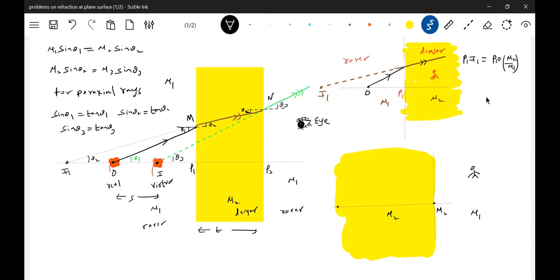I1 is here. The rays are coming as if from I1. So after refraction, and this is the boundary. I'll bring in brown color. It is like this.